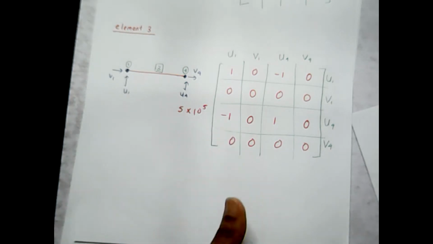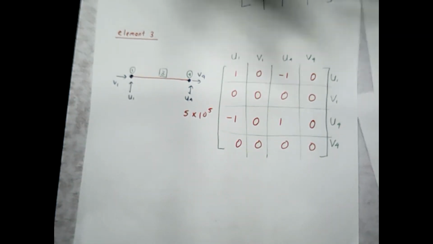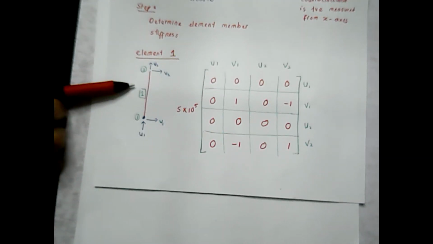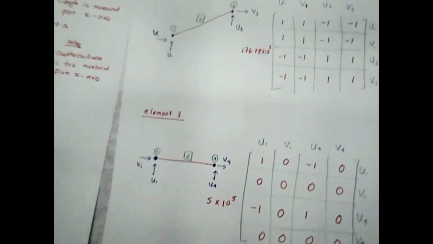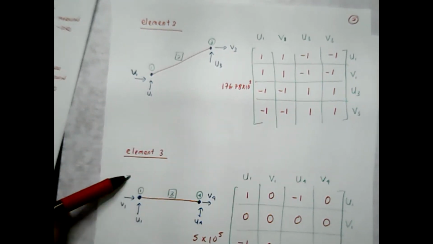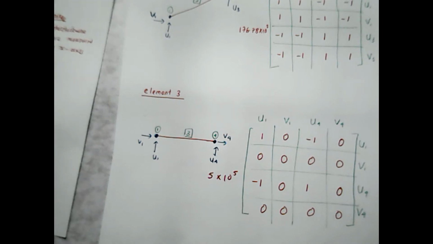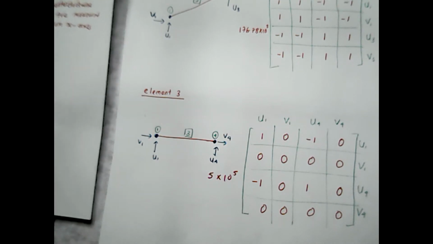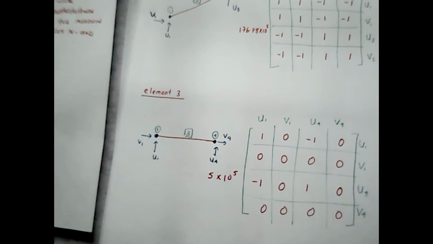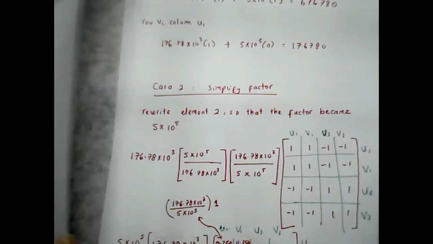Once you get all these local element stiffness matrices, which means this is for element 1, element 2 stiffness, and then element 3 stiffness, you need to assemble them into a global stiffness matrix.